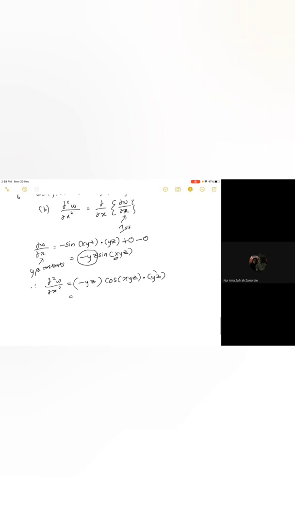So cos xyz, and then multiply, you differentiate the xyz with respect to x again, yz only, because the yz is constant, the x is the variable that you want to differentiate. Differentiating x to the power of 1 will be 1, okay. So this is your answer. So this one can be multiplied to the front.